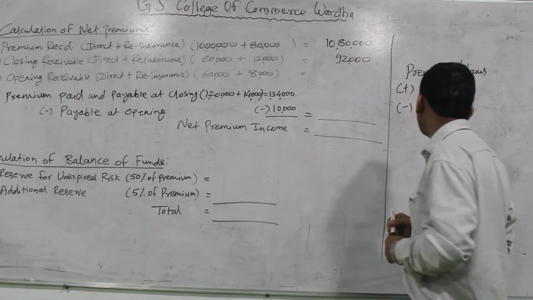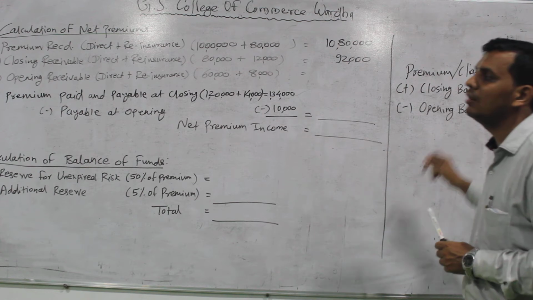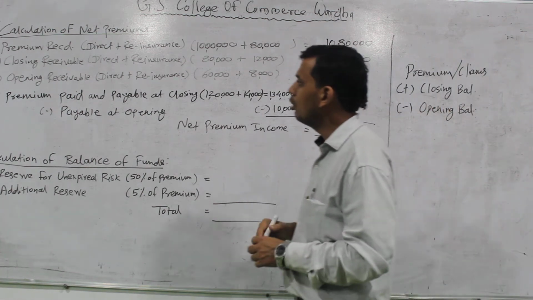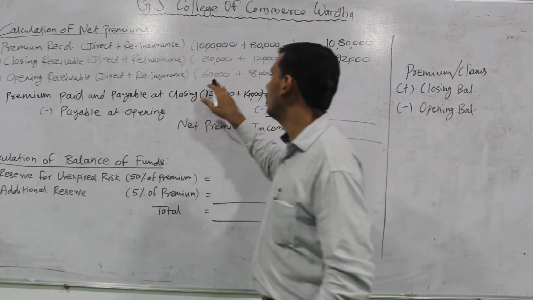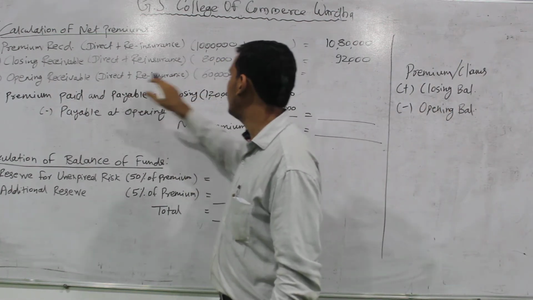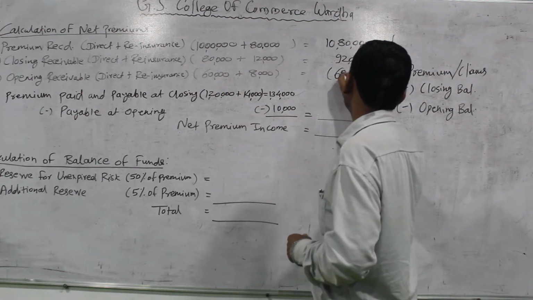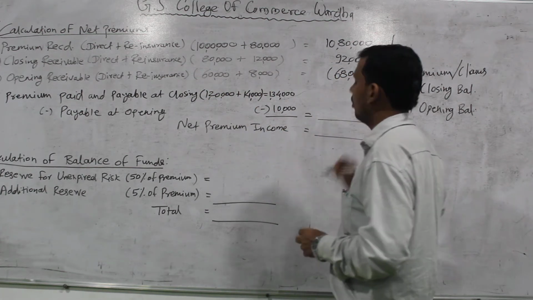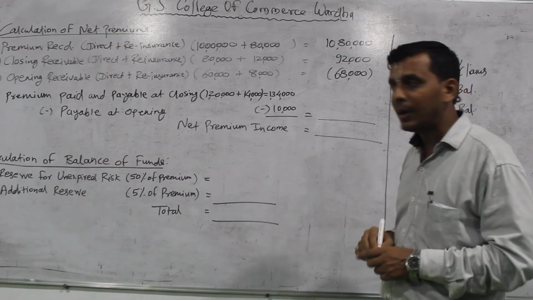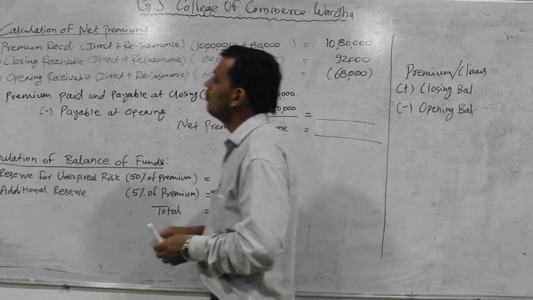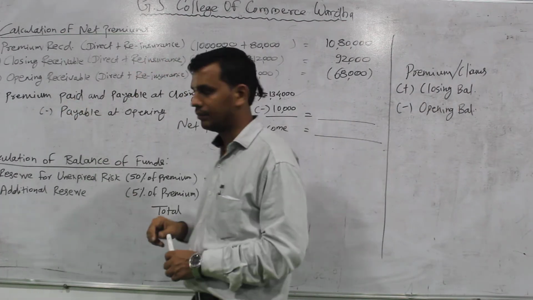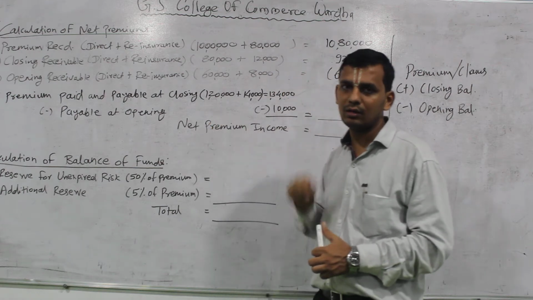Third, we have to deduct the opening balance of premium receivable. From direct business, the company has an opening balance of 60,000, whereas from reinsurance it is 8,000. Hence we have to deduct rupees 68,000. Apart from that, we are given the premium paid by the company, which amounted to rupees 1,20,000.